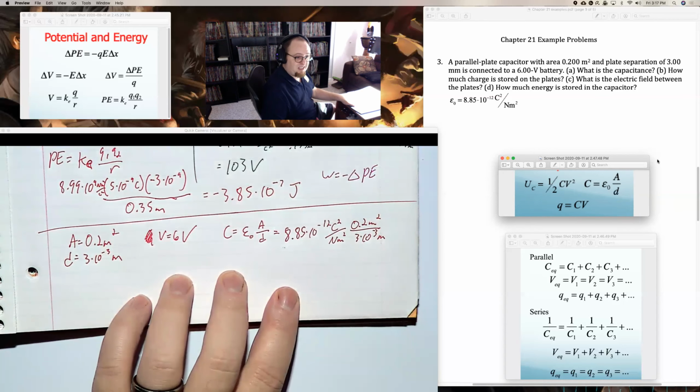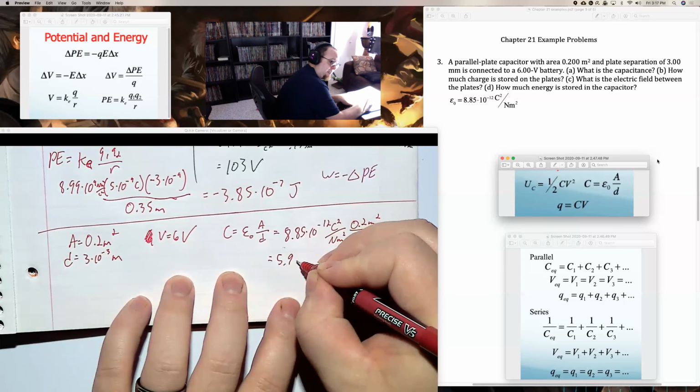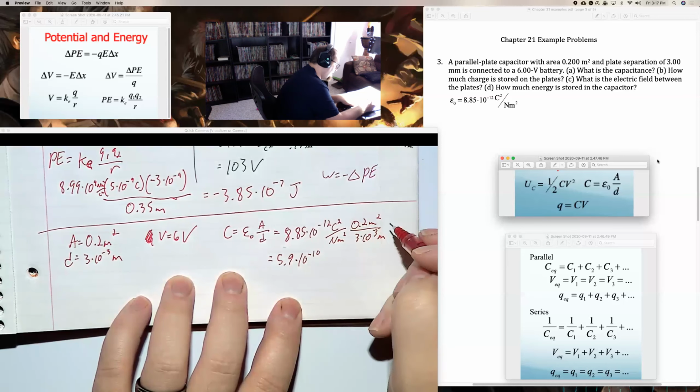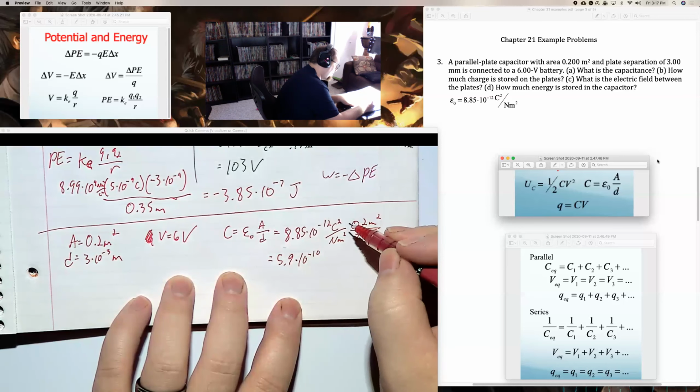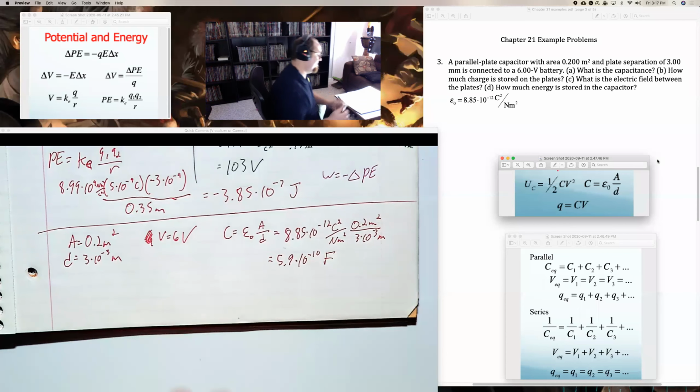And that's just plug and chug. It's 5.9 times 10 to the negative 10. That would end up being a coulomb squared meter per newton, but that's the same as a farad.